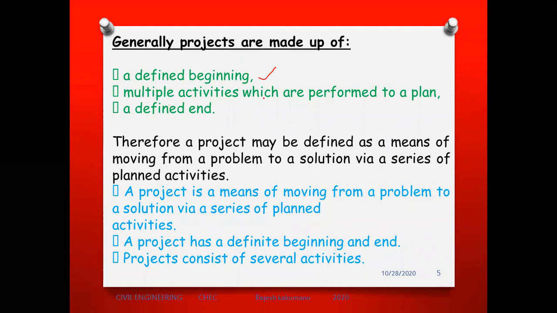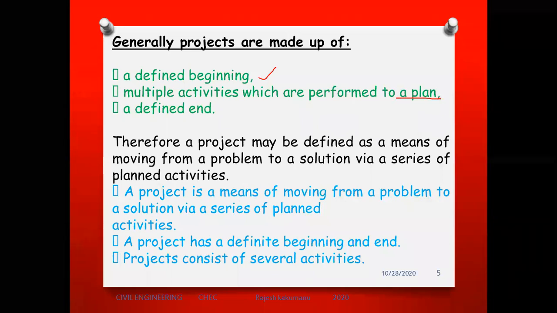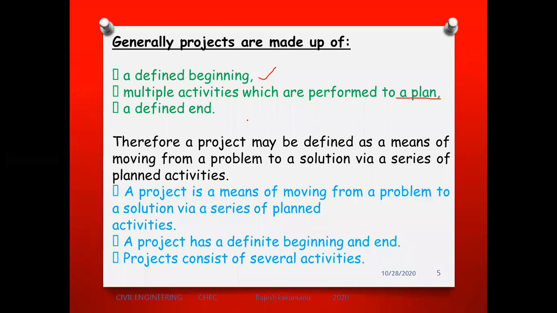Next, multiple activities which are performed according to the plan. Next, the third one, a definite end. When there is a definite starting, a definite end must also be planned. So generally, this is what a project is made of.